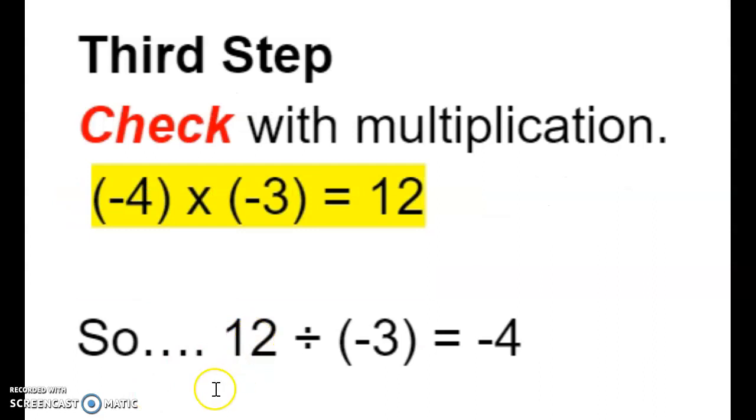So we could look at our problem and say that 12 divided by -3 gives us -4 because this -4 times the -3 gives us the 12. There's that backwards thinking. One more example and we'll be on our way.